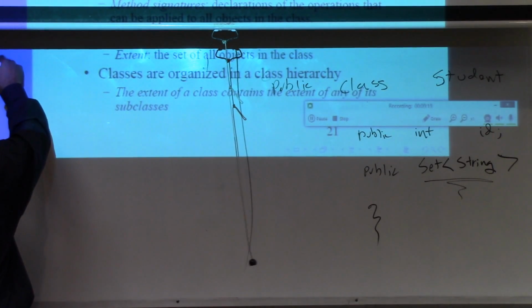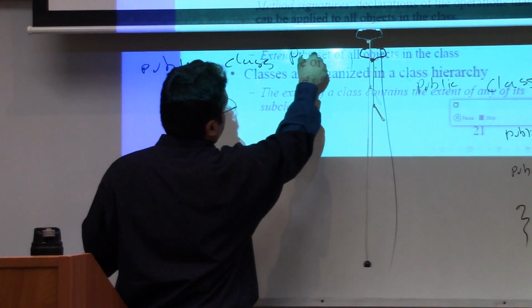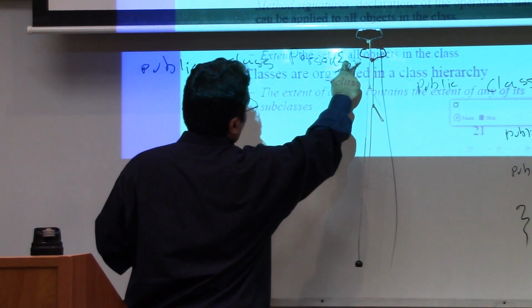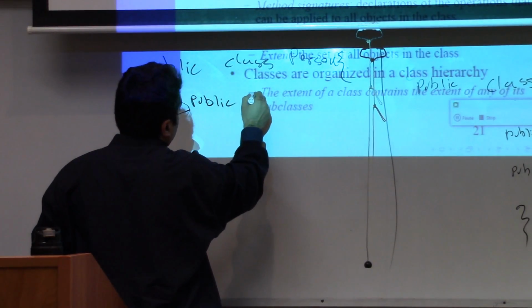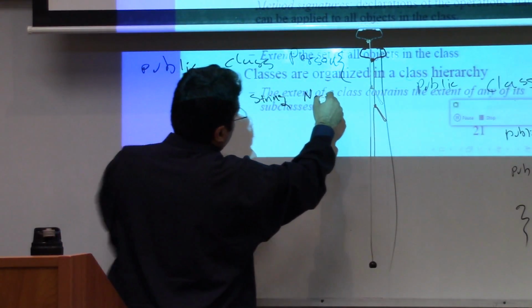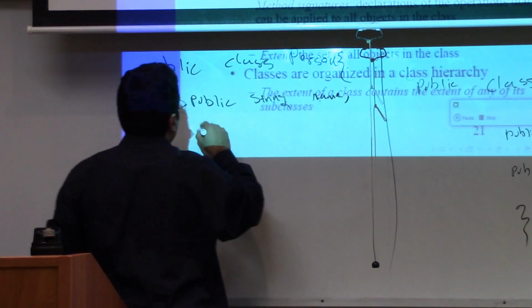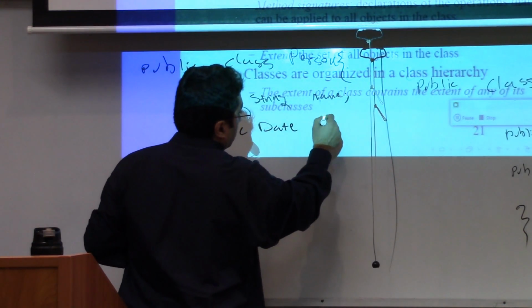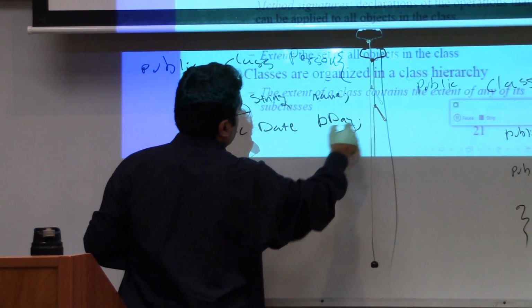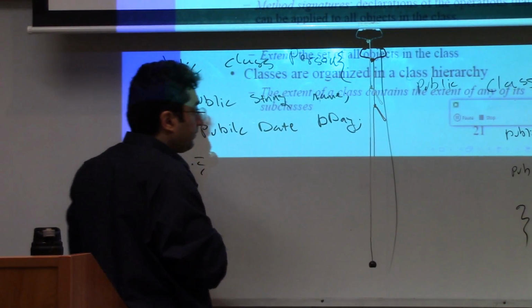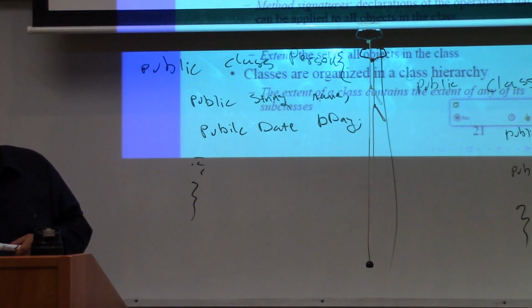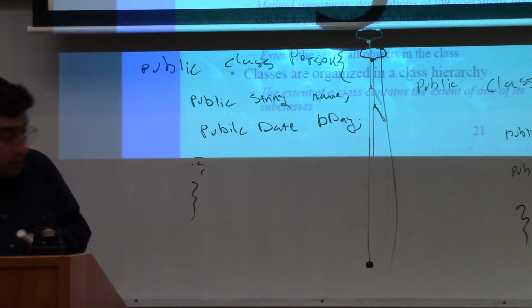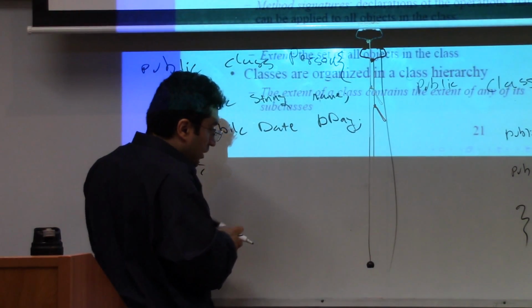Okay, so suppose that you have public class person, which is... Okay. Suppose that I instantiate two students.